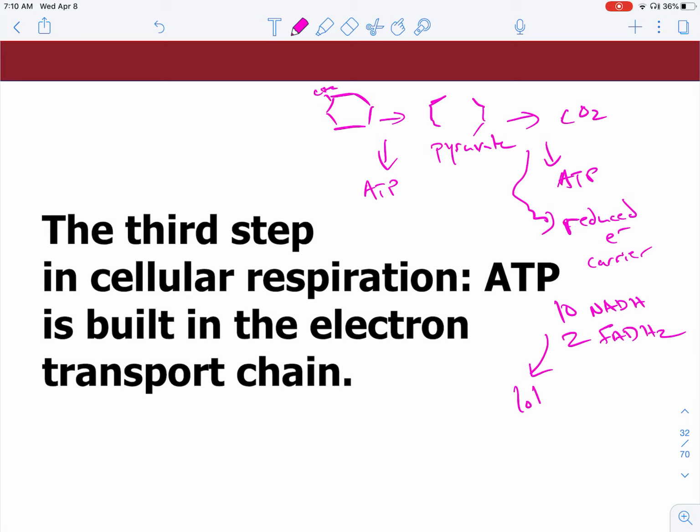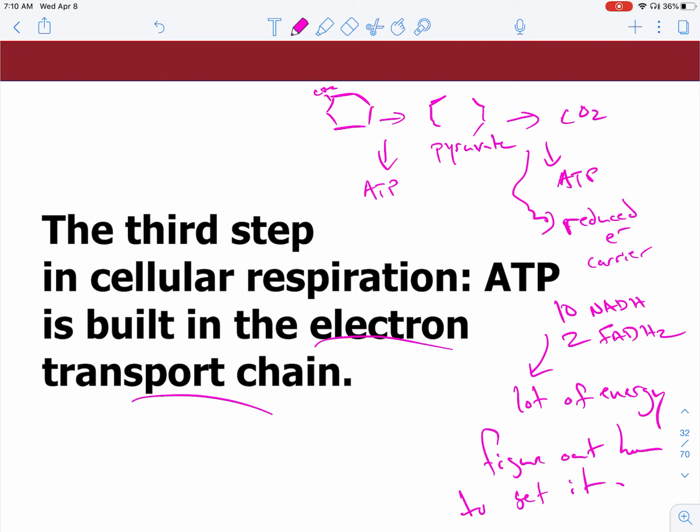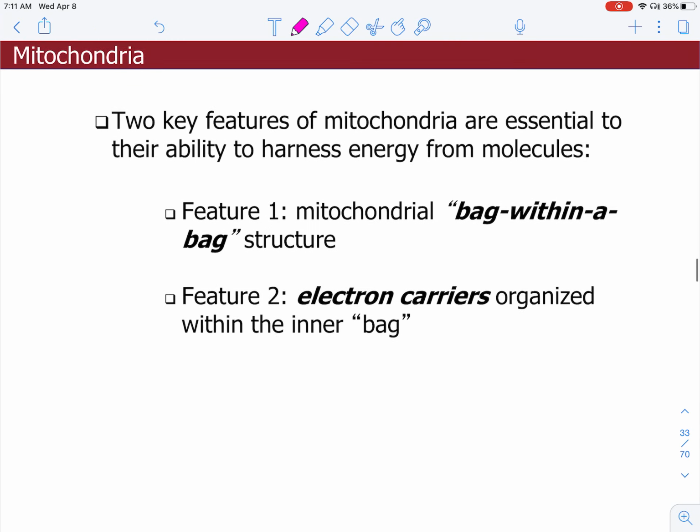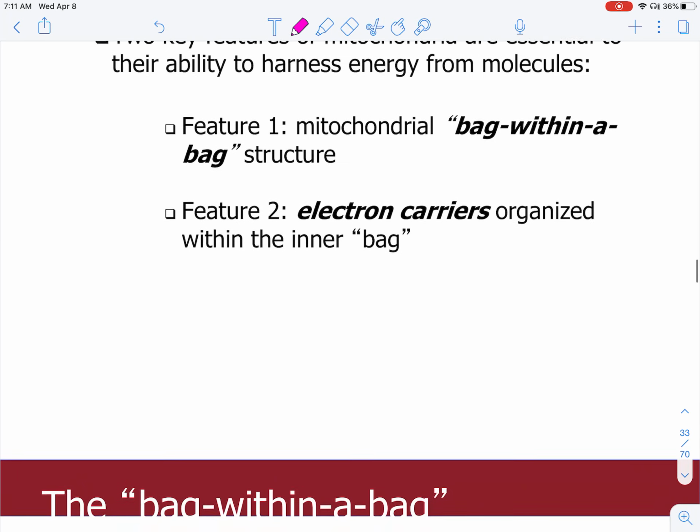So this is lots of energy, but we have to figure out how to get it. And so the electron transport chain allows us to pull out the energy of those electrons in order to make ATP, and it utilizes the mitochondria.